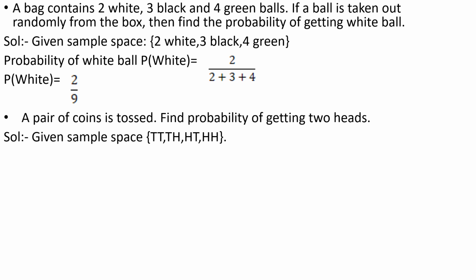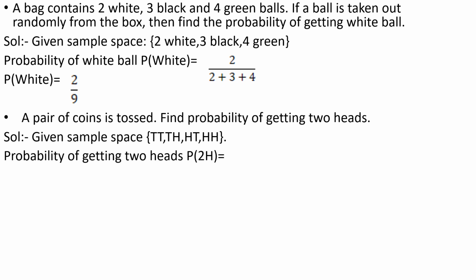So when you consider the sample space, we have 4 possibilities: when you toss 2 coins together, there will be 4 outcomes. Now from that we want a favorable outcome, which is both the coins getting heads.